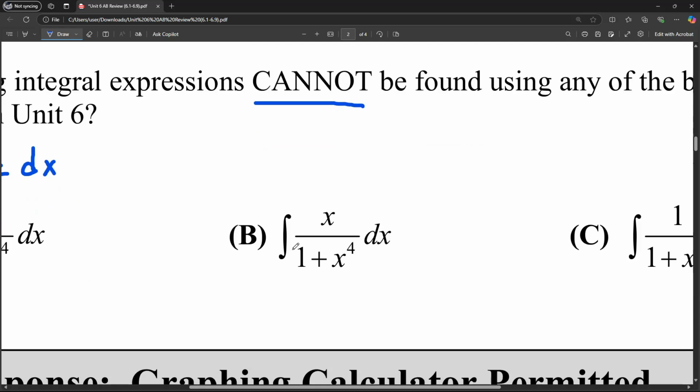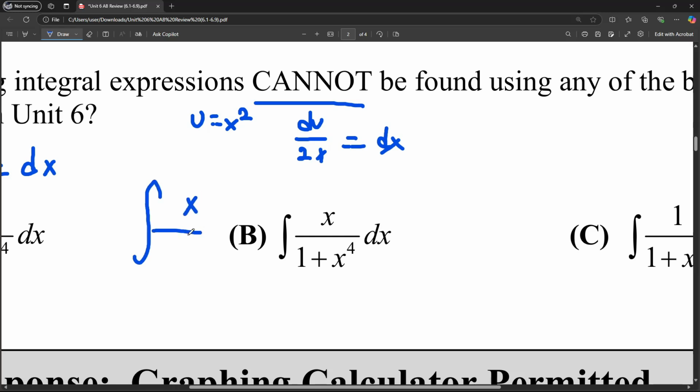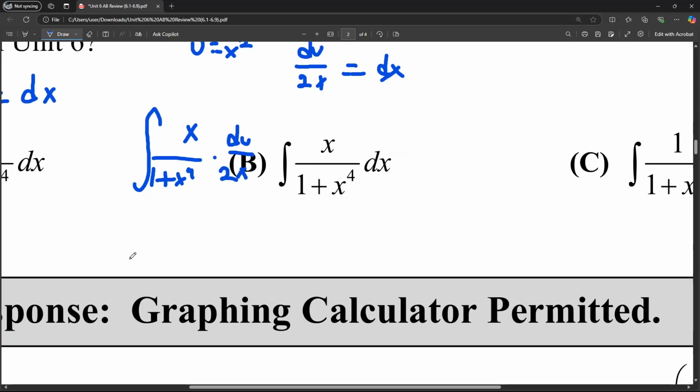We do the same thing. So this time I'll set u equal to x squared, and then du over 2x equals dx. And I'll just write it to the side again. So you got x over 1 plus x to the 4th times du over 2x, and then rewrite that.